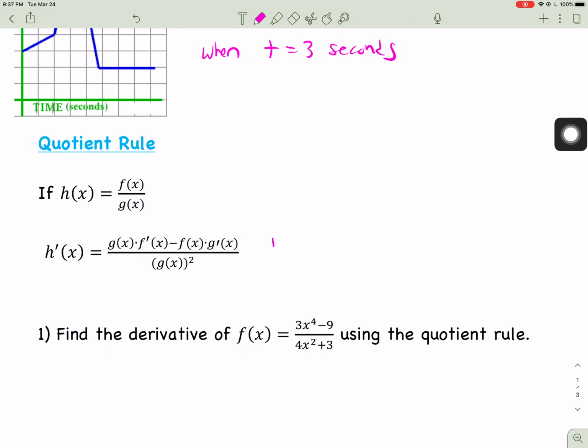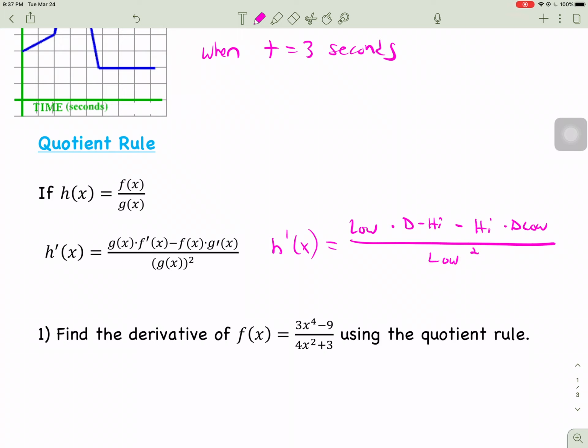We say h prime of x will be, we say low d high minus high d low over low squared.